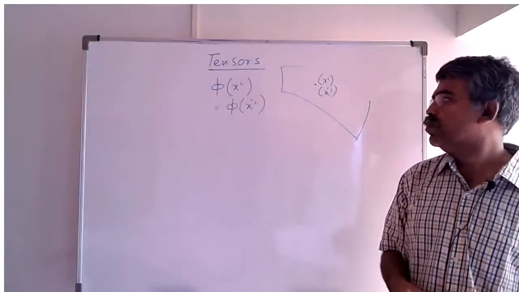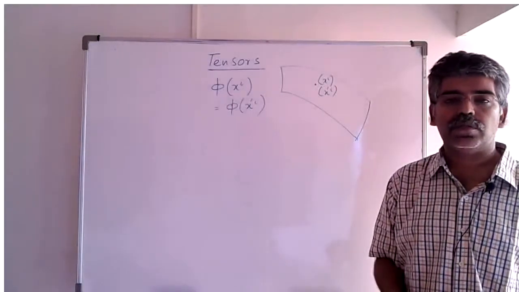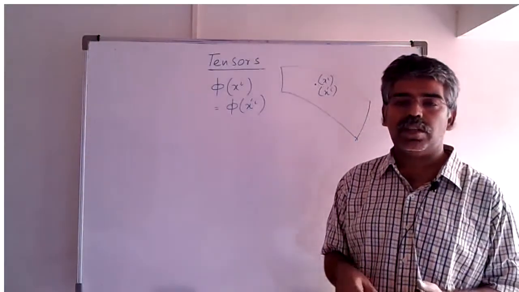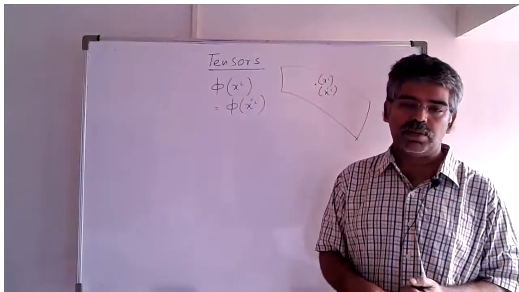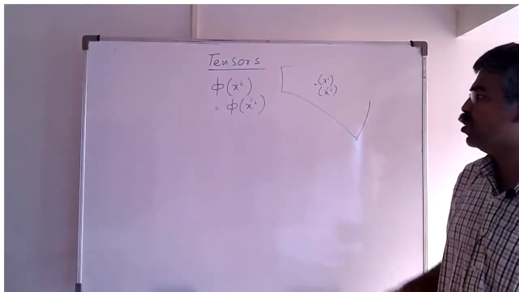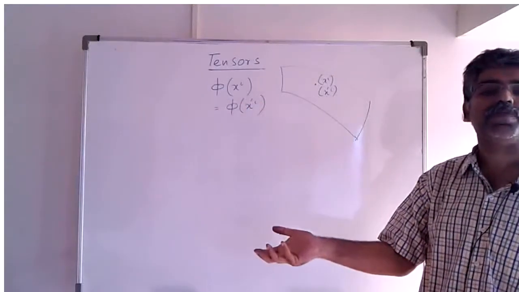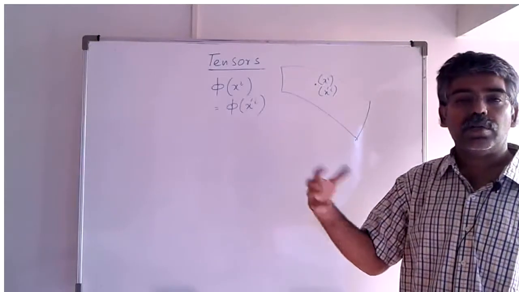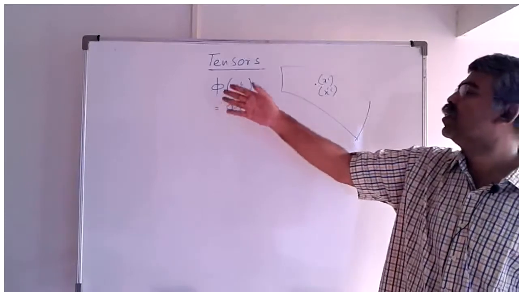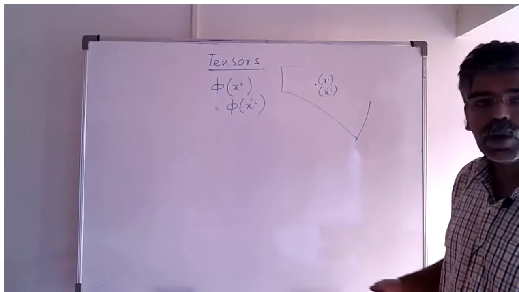So phi is a scalar field. Pressure is in general a tensor quantity. I am talking of a particular pressure in a particular direction. If you choose the direction, then it becomes a scalar. Normal pressure remains the same whether you take it in spherical coordinates or in Cartesian coordinates. So it's not a problem.